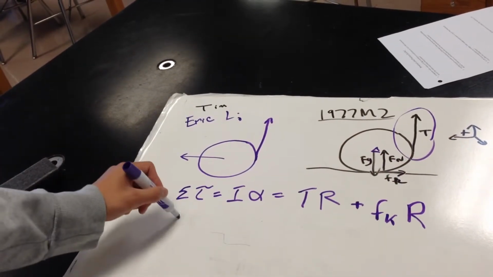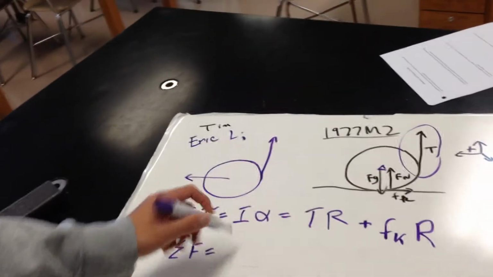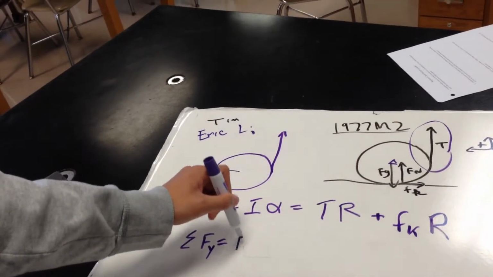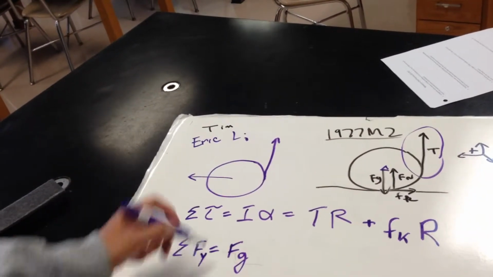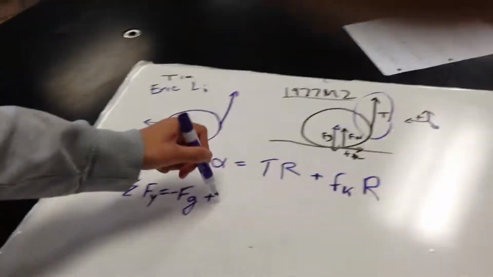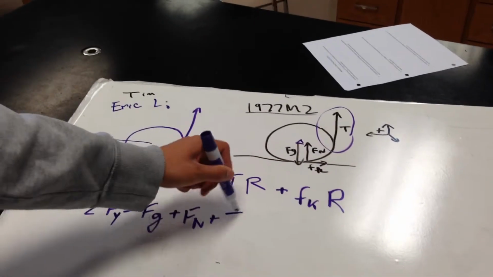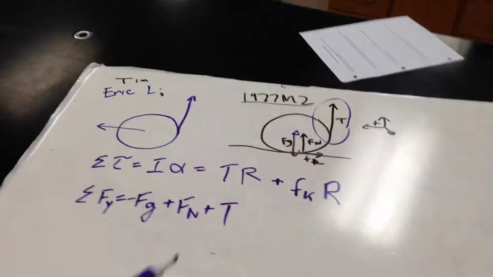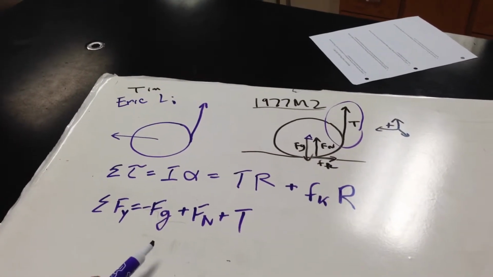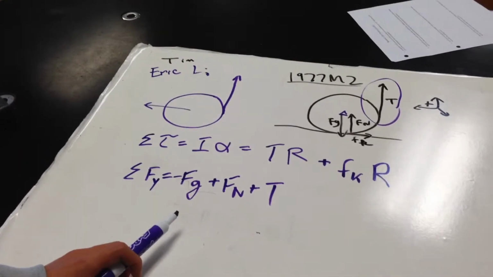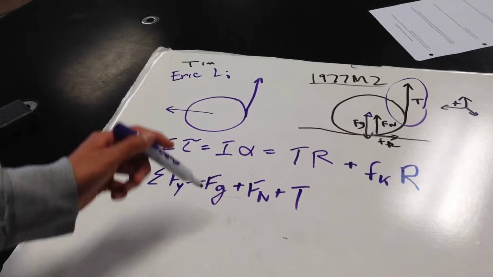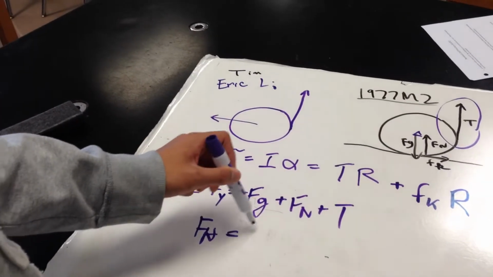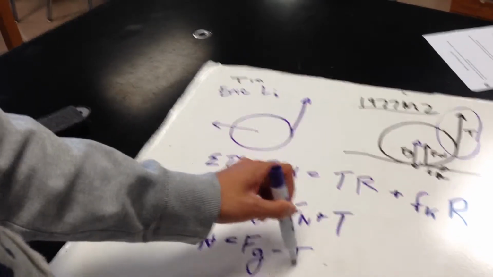Alright, now we're going to move on to our force equation. So we have in the y direction force gravity, which is negative, plus force normal, plus tension force. That means that the force normal is equal to force gravity minus the tension force.